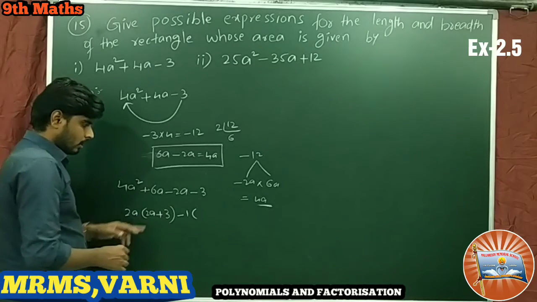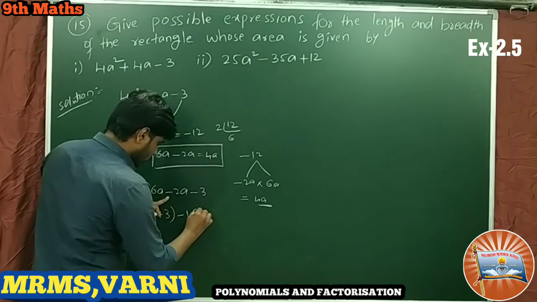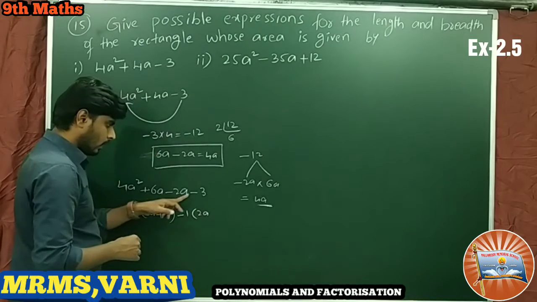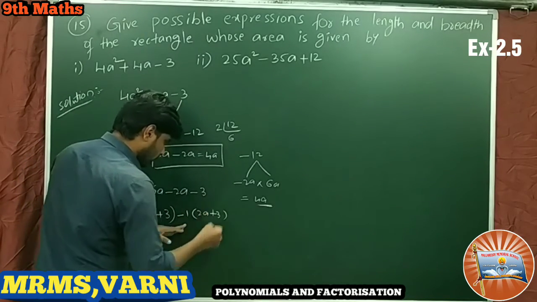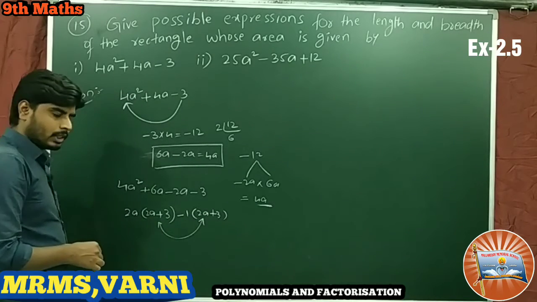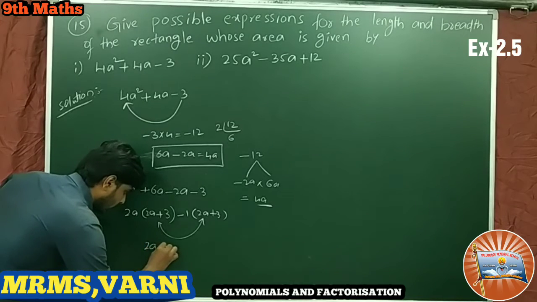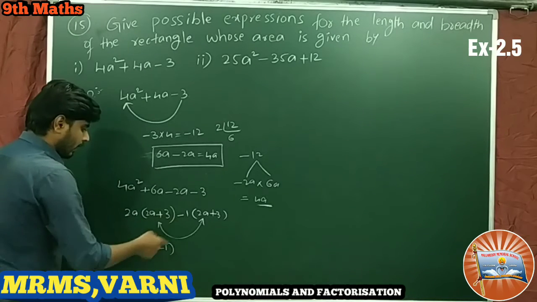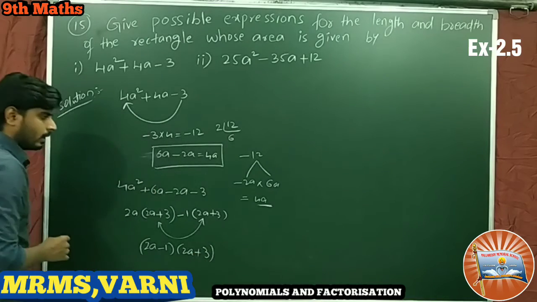So minus came out, it becomes 2a, and the same minus came out, so here it is plus 3. We need both to be the same, otherwise it is not correct. So what is the factor here? 2a minus 1 is one factor, and 2a plus 3 is another factor.